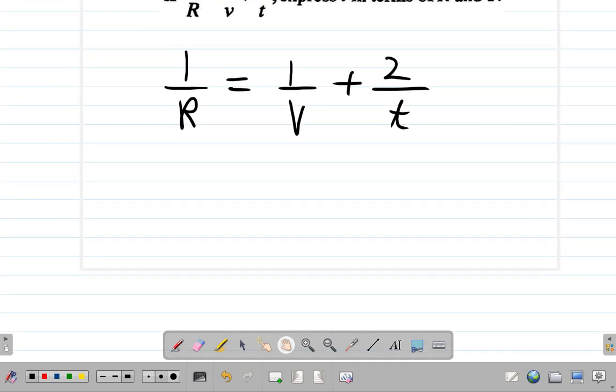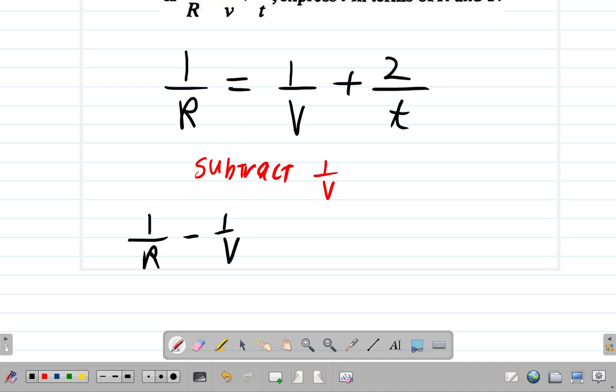What we can do here is subtract 1 divided by V. Suppose we do that. We subtract 1 divided by V. We would have 1 divided by R minus 1 divided by V on the left. On the right hand side, we would have 1 divided by V minus 1 divided by V, alright?